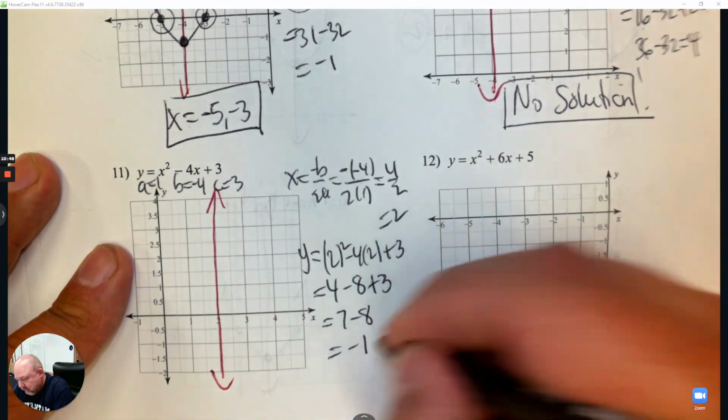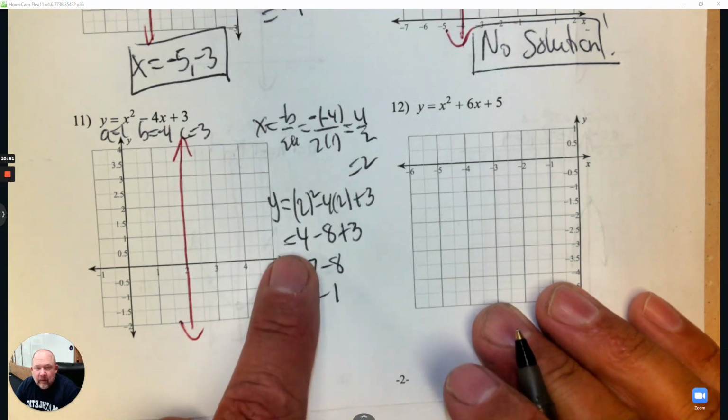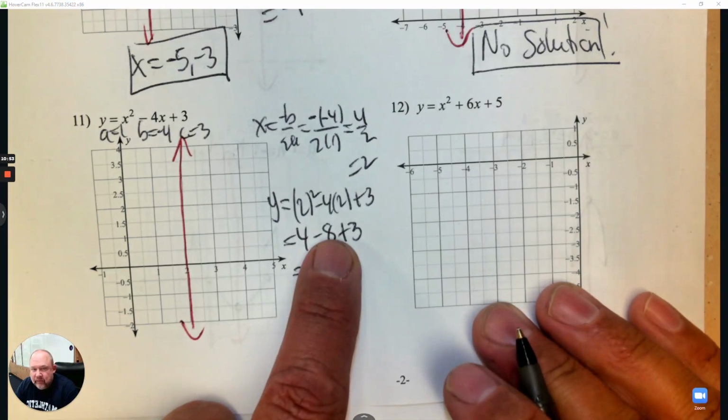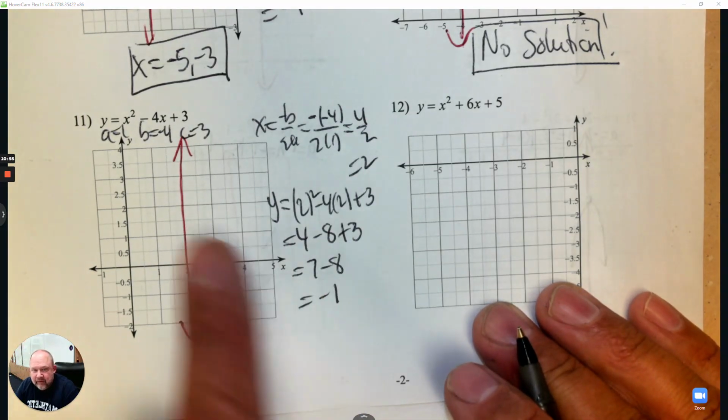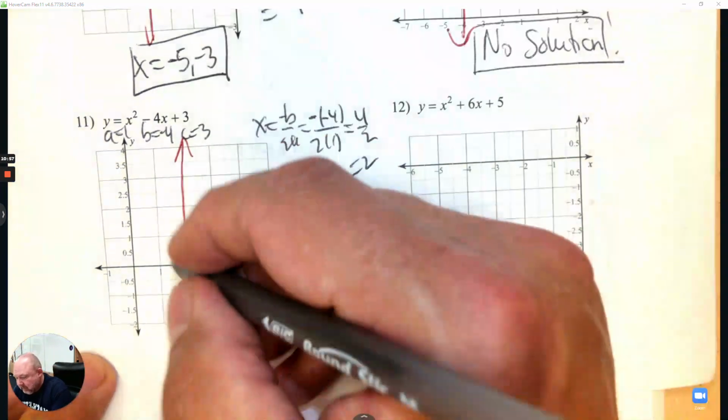We're solving this. So 2 squared, -4 times 2. So 4 plus 3 is 7, and 7 take away 1 is -1.